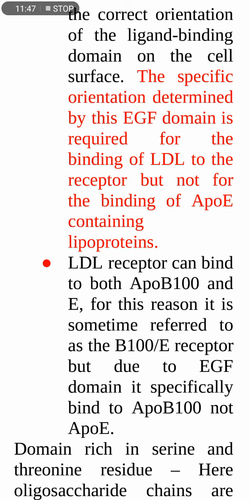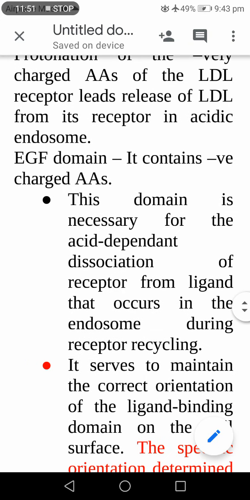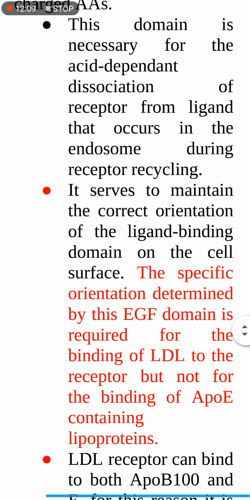But due to the EGF domain, the next domain, which is rich in negatively charged amino acids, its function is to maintain the correct orientation of the ligand binding domain on the cell surface.